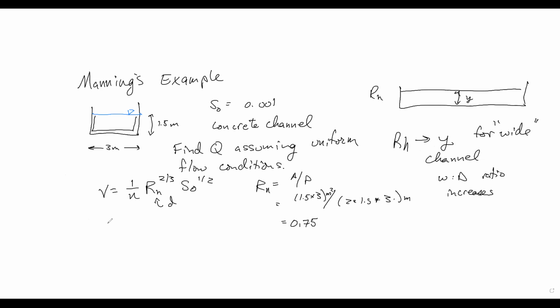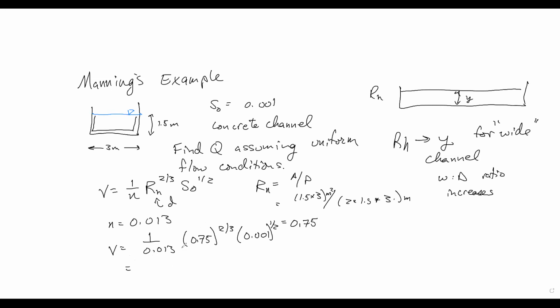All right, Manning's n for a concrete canal, we can look up in our table. We'll say it's 0.013. Then we'll calculate velocity first. So V is equal to 1 over 0.013 times 0.75 to the 2/3, times 0.001 to the 1/2. I'm not using units here because Manning's equation is empirical and doesn't really work with units.